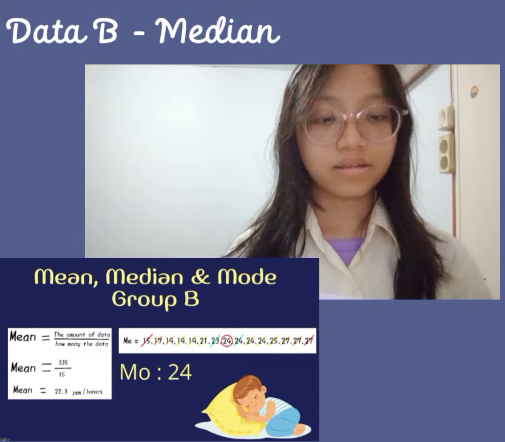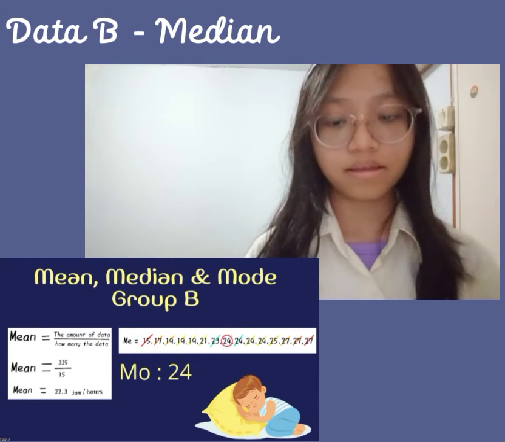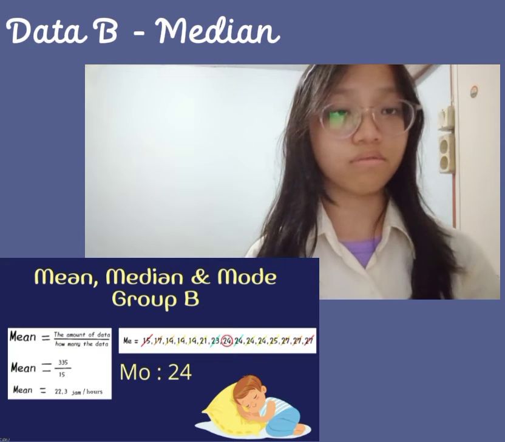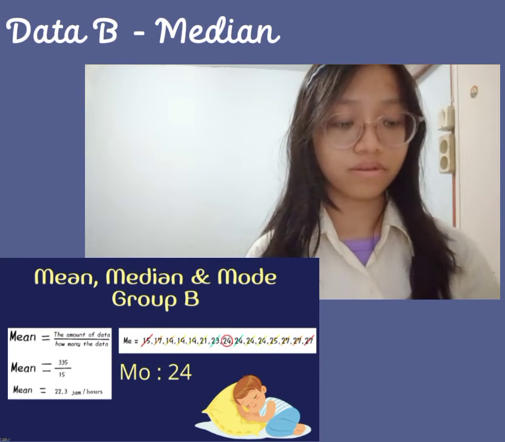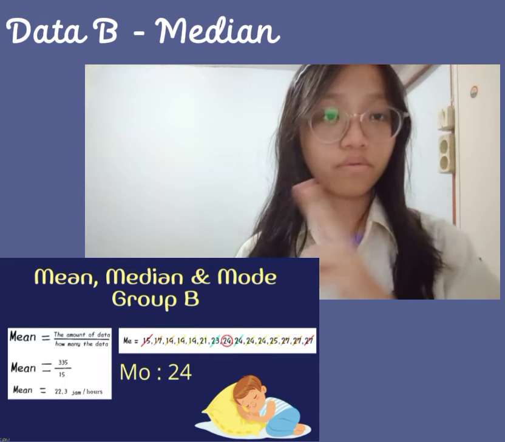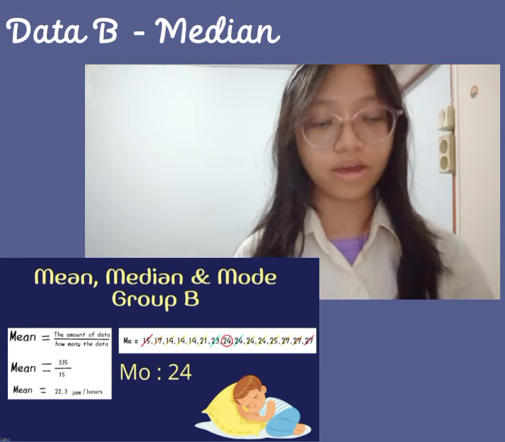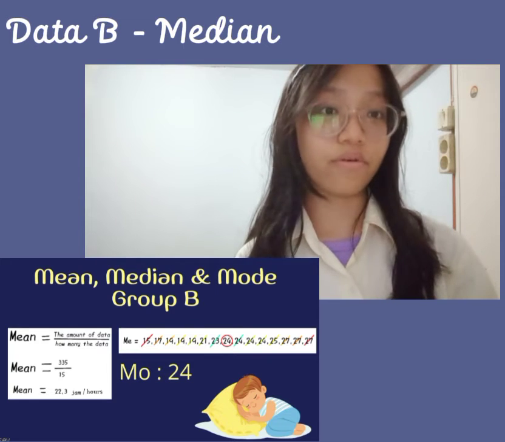In the data, there are 15, 17, 19, 19, 21, 24, 24, 24, 24, 25, 27, 27, 27. Look for the middle and you will find the median. And then the median is 24.